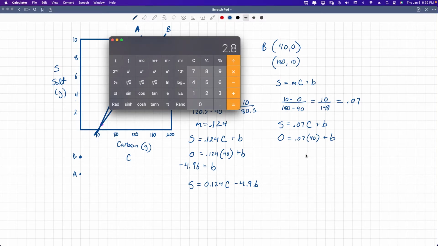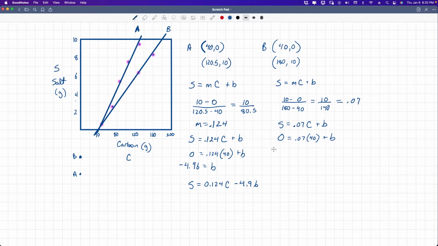I get 2.8. And I'm going to swing it to the side so that I solve for B. So it's going to be a negative 2.8 is equal to B. So now I can write it out again. S is equal to 0.07 carbon minus 2.8.